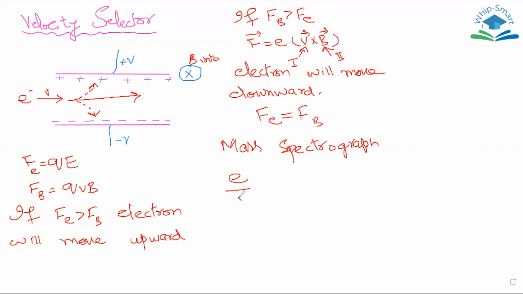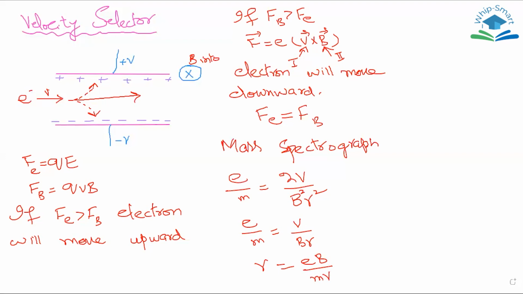We also use the formula for charge to mass ratio, q by m equals 2v over B squared r squared, and also q by m equals v by Br. According to this formula, r equals m v by q B.